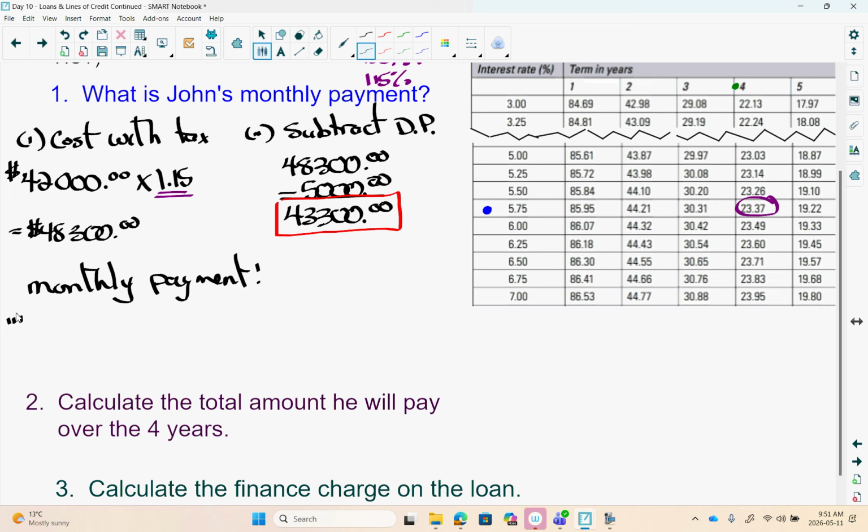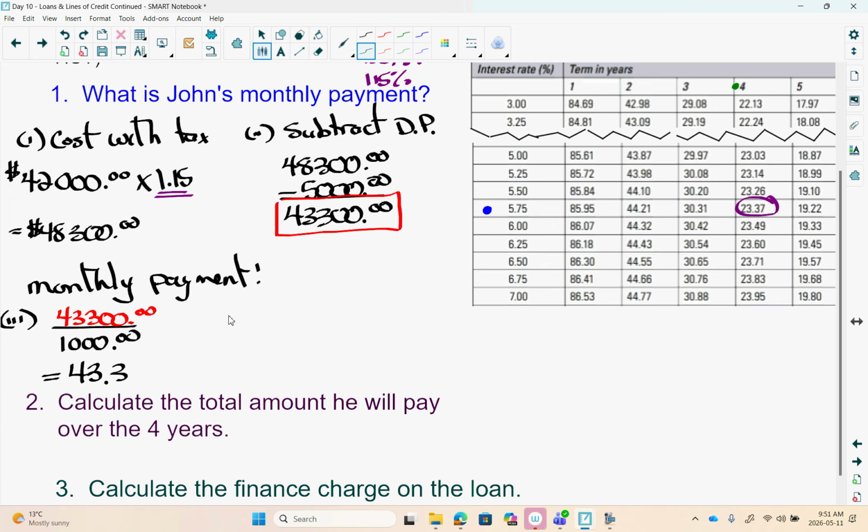Step 3, it's the old step 1. I take the $43,300 and I divide it by 1,000. That's just going to swing the decimal place 1, 2, 3 spots to the left. And what does it equal? 43.3.